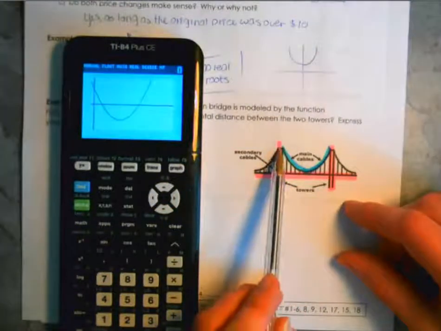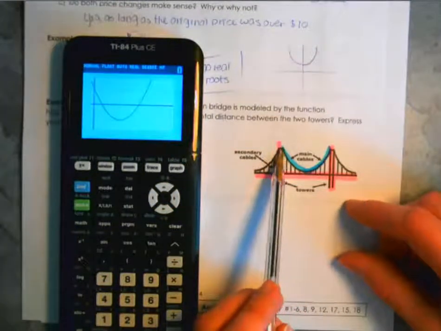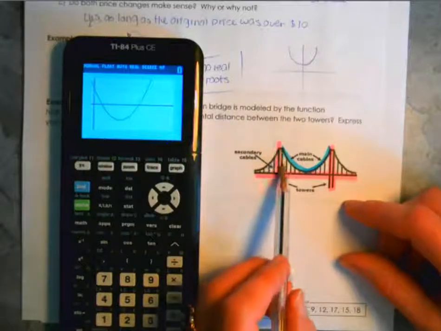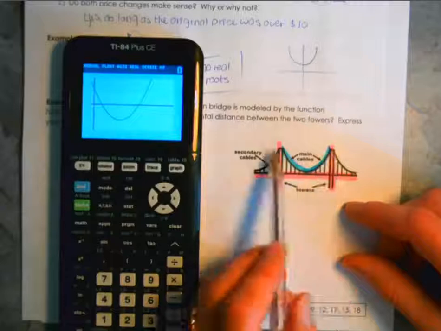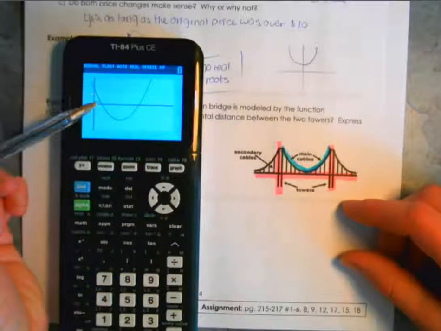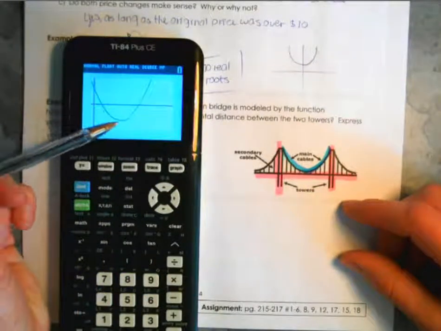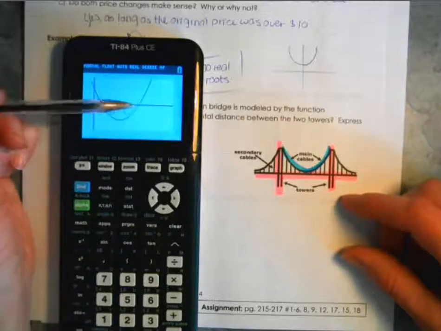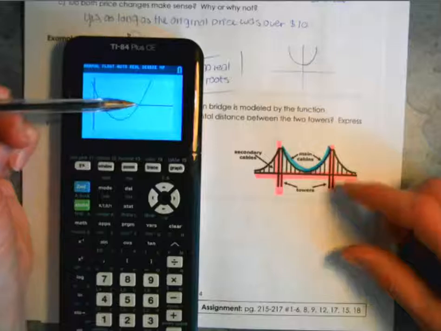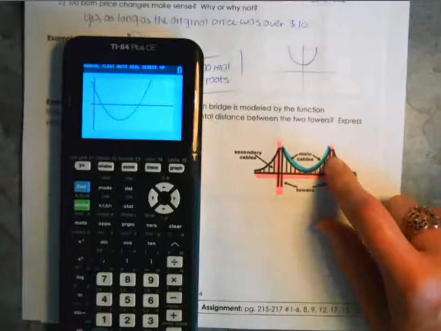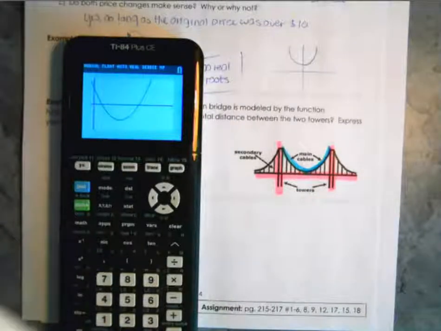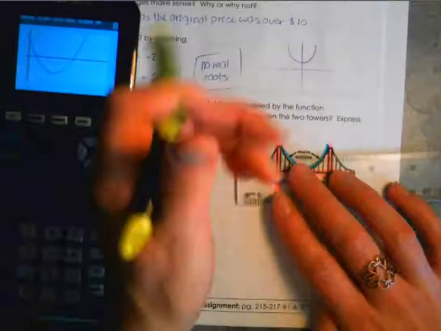You can see that the cables go down and then back up, so you would assume that the x-intercept here is where these cables are being attached.